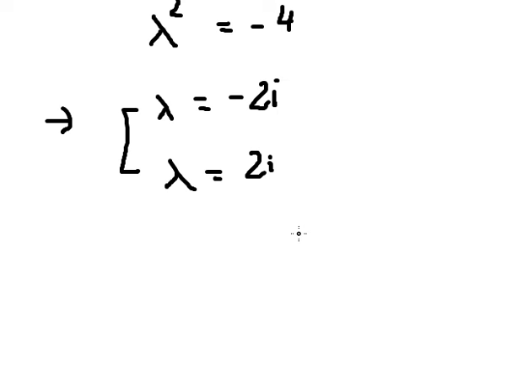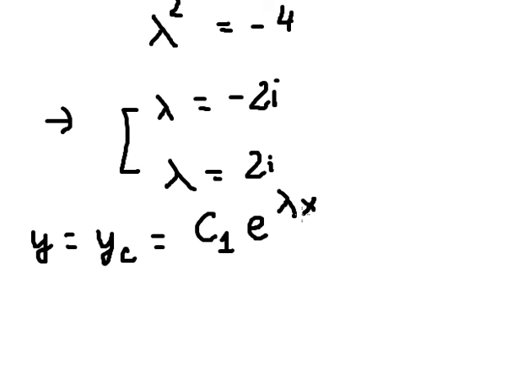So in this situation we have y equals yc, and now we have c1, the constant number 1, e to the power of lambda s. Now we change lambda into negative 2i in here, and we have it like this. And now we have c2 e to the power of 2is.